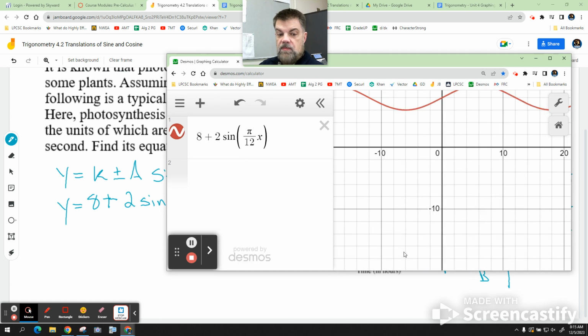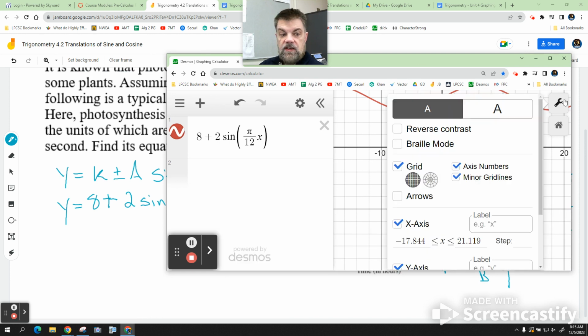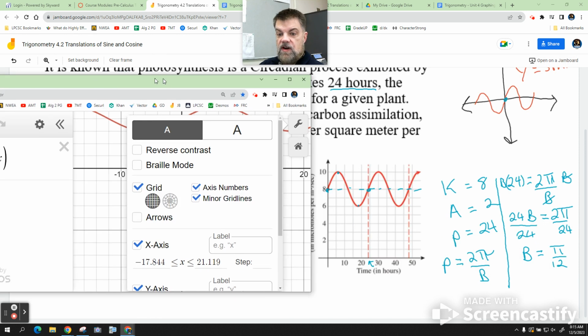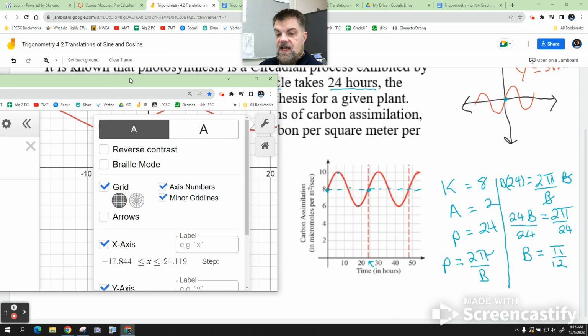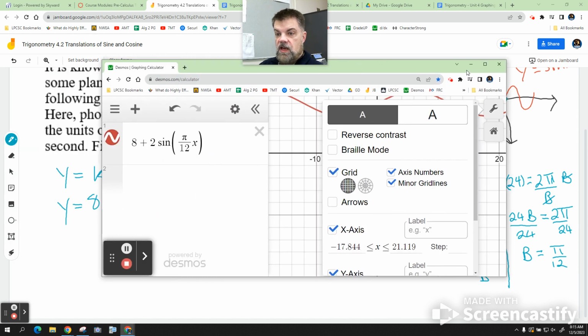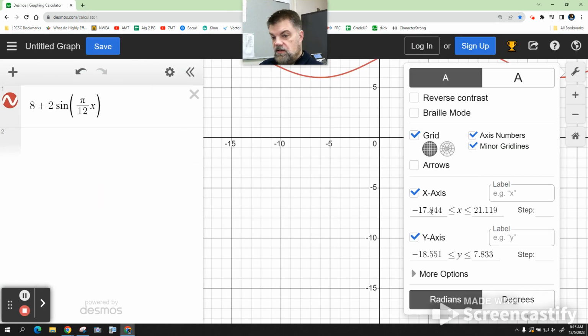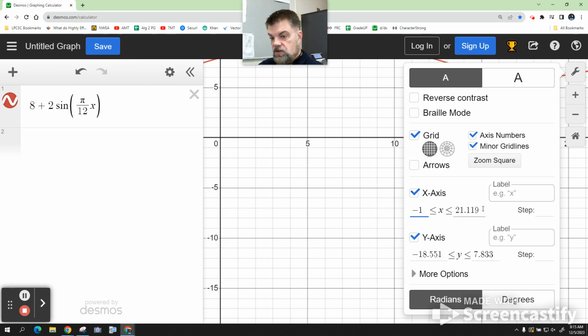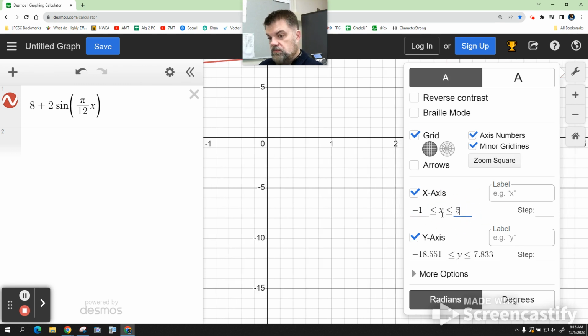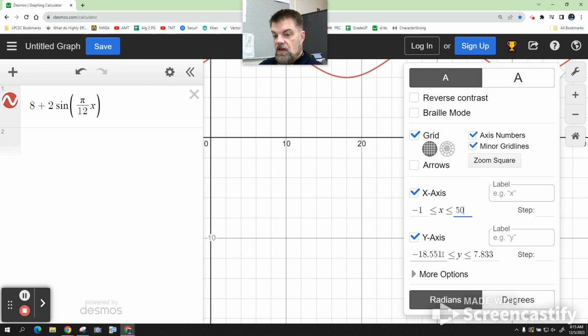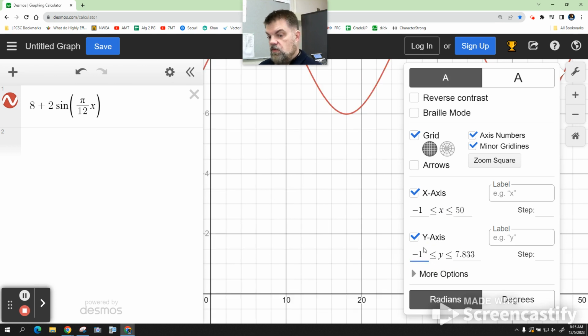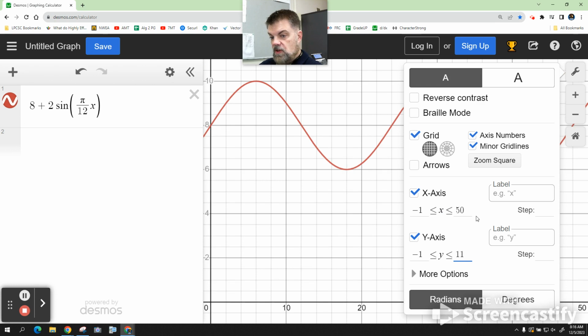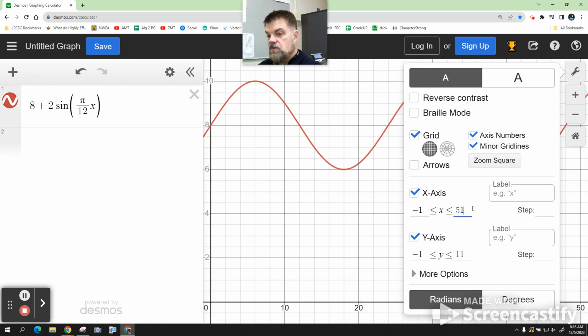And then I'm going to set my grid over here to match this graph, which is 0 to 10 and 0 to 50. So on my x-axis, I'll do -1 to 50. And then on my y-axis, I'll do -1 to 11. And maybe we'll make this 51, because it does go a little bit past that, right?